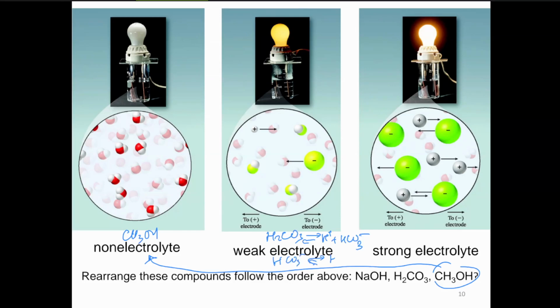So the conductivity of this compound will be low. For sodium hydroxide, it will fully form sodium plus and OH minus. So you see that it will generate a huge amount of solvated ions, so the conductivity increases.